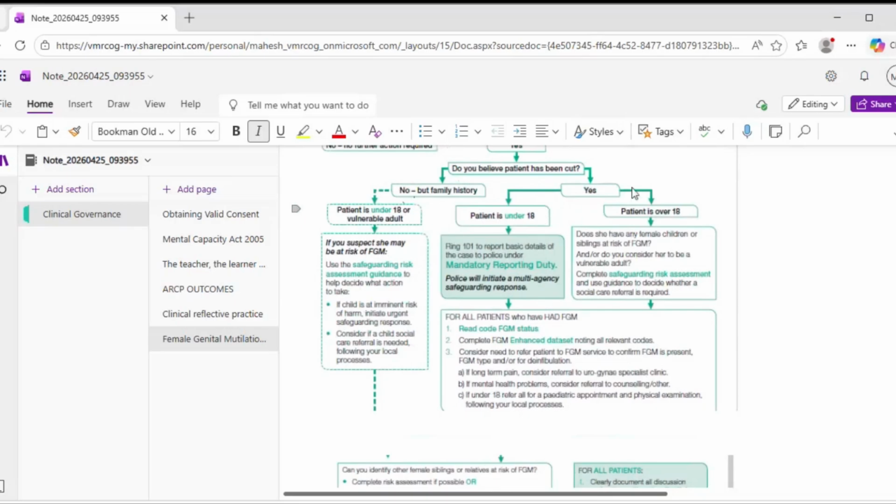If she is below 18 and has undergone FGM, then police mandatory reporting duty. If she is over 18 and has undergone FGM, are there any other children, and are they at risk? So safeguarding assessment. And then we have to complete the data set and all those things. I hope you have understood the thing. So that finishes this particular flowchart.